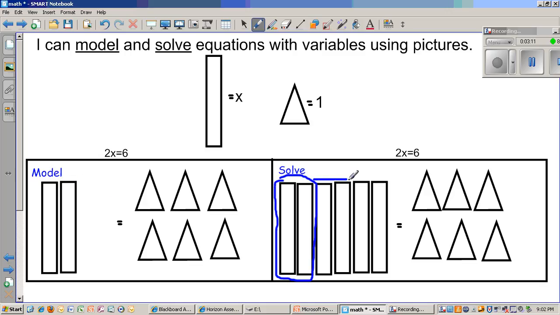Then we have another group of 2 here. And finally we have a third group of 2, or 3 groups of 2. So in this case we can say that our x here is equal to 3. And 2 times 3 is going to be equal to 6. So that's why it worked.